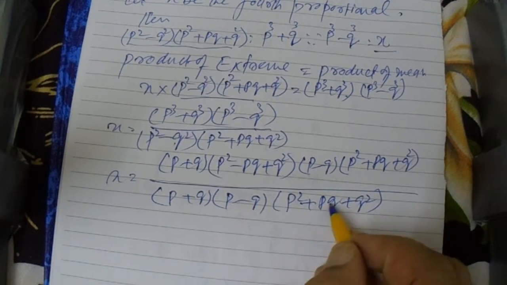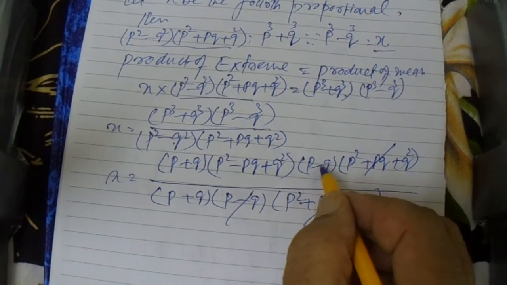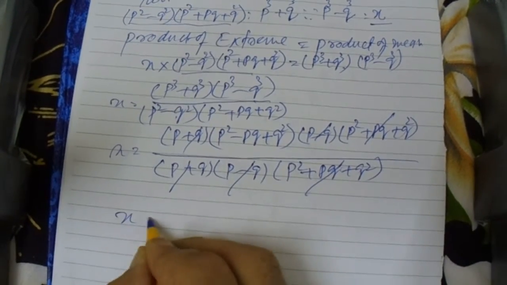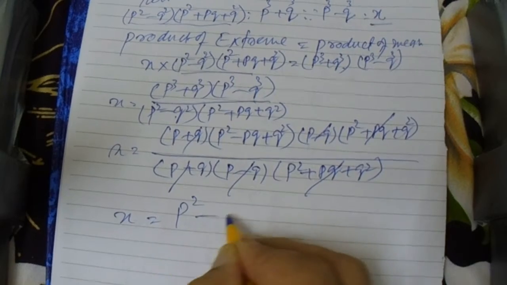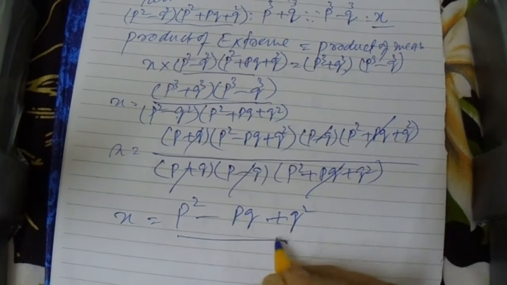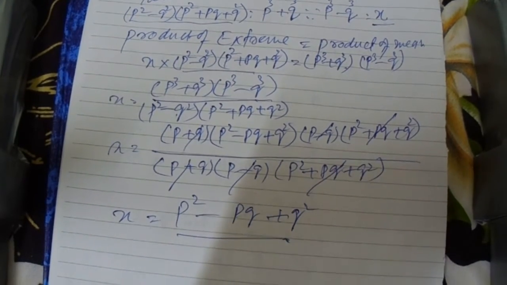Now this cancels this, and P minus Q cancels this, and you have only x is equal to P square minus PQ plus Q square. Now this is the fourth proportional of this part. Now this is the end of question number 2.